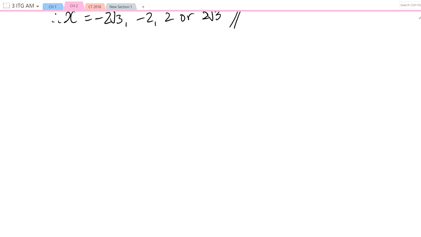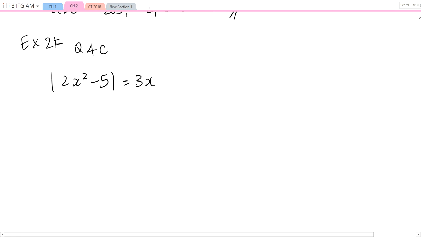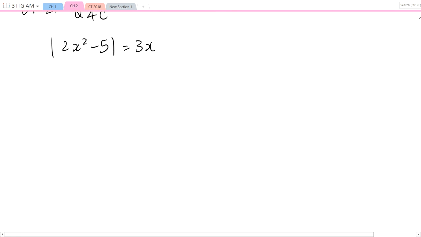So at this point, you should be asking, why is it that we need to check the answers when they always seem to be valid? So I'll be going through a question from exercise 2F, question 4C. So from question 4C, we've got modulus of 2x squared minus 5 equals 3x. Again, the approach is the same.